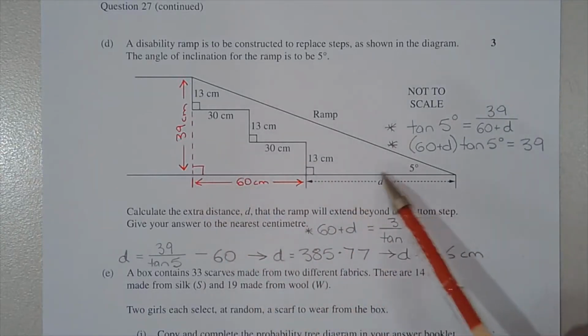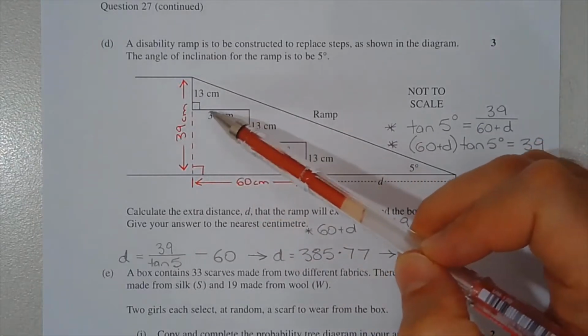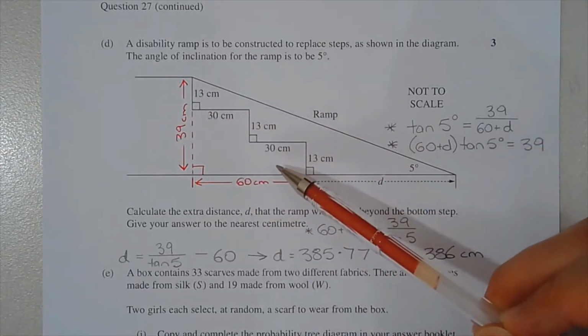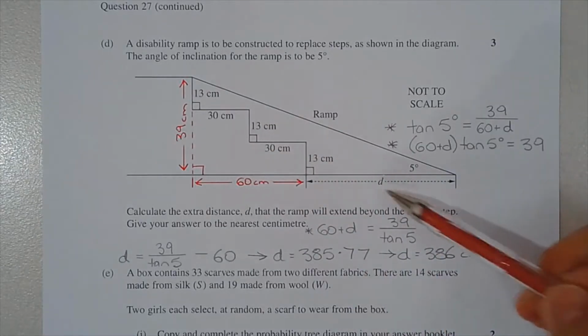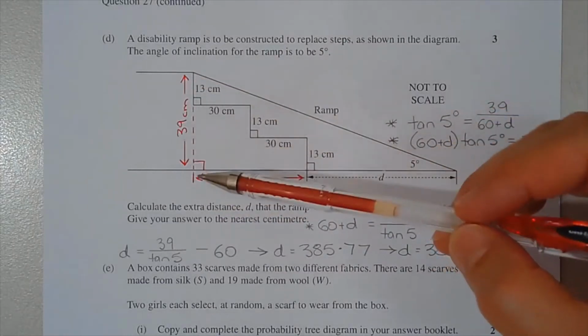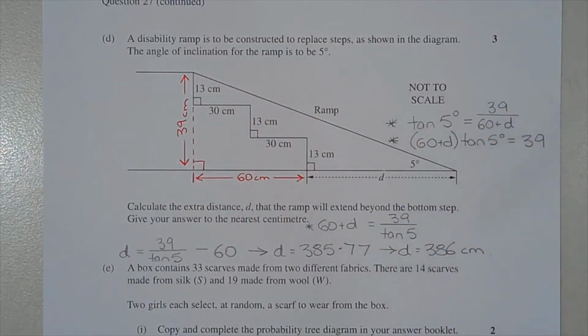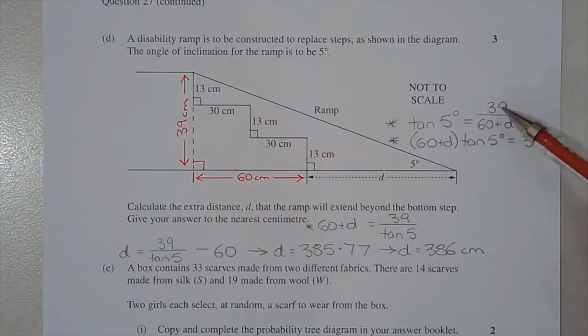So we have D, but we also have 60 centimeters, which comes from the sum of 30 centimeters and 30 centimeters, the horizontal lengths here. And we need to solve for D. So the ratio that we're dealing with is opposite over adjacent, which means that we need to apply tan. So tan of 5 degrees is equal to 39 over 60 plus D. So that's opposite over adjacent.